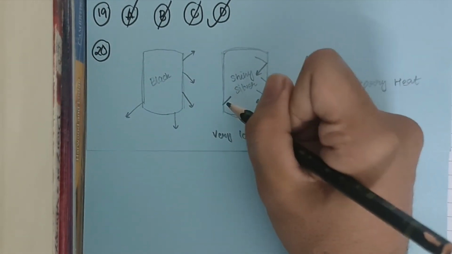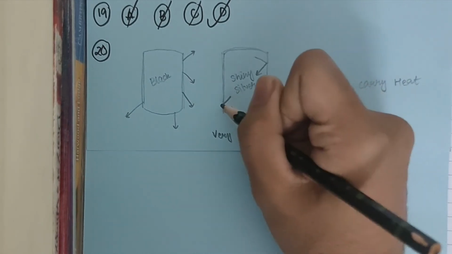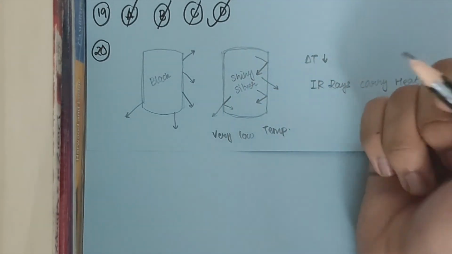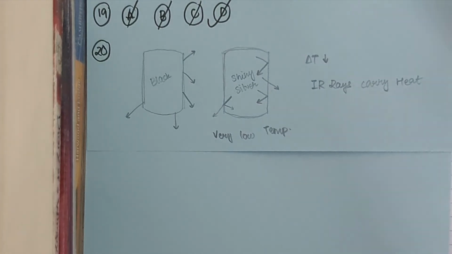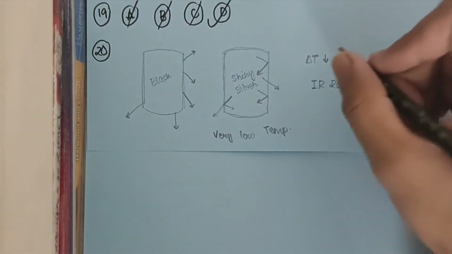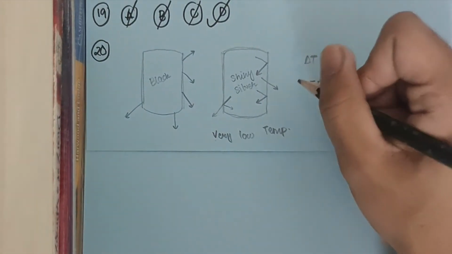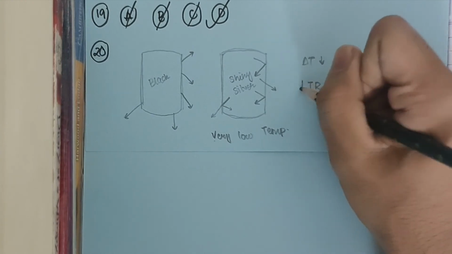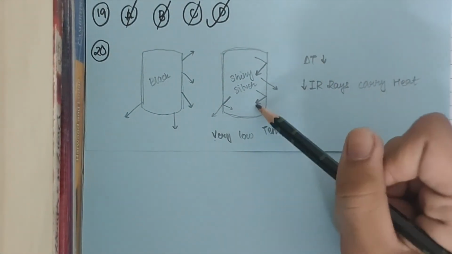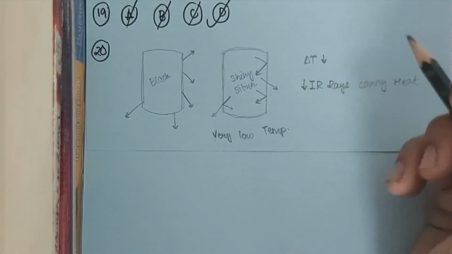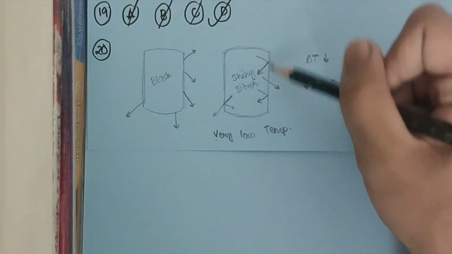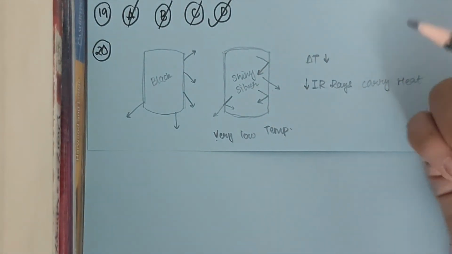So maybe some part comes back and some goes away. But in general, it lessens the amount of radiation that goes away. So IR rays carrying heat are lessened in the case of the shiny body. Therefore, the heat loss by the shiny body is lower.